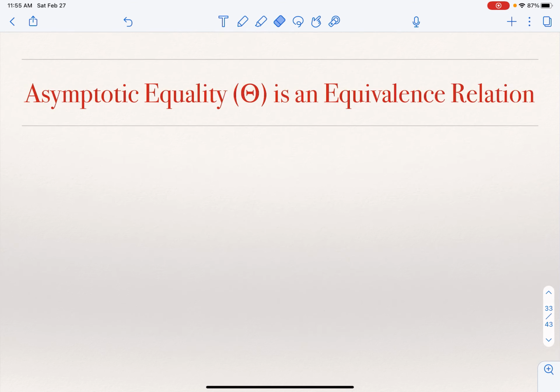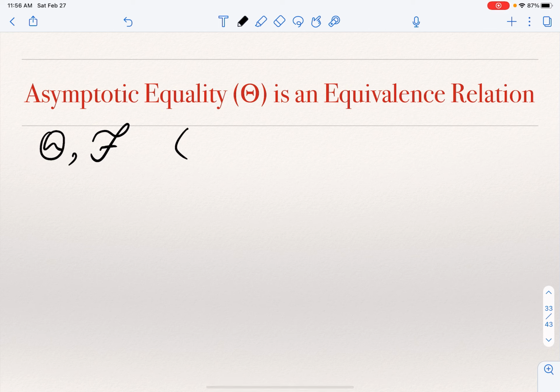And the last word I want to say in this video is about the equivalence relation that is defined by asymptotic equality, or theta. So if we define theta as a binary relation on the set F of all functions, for our purposes, a set of all asymptotically non-negative functions.